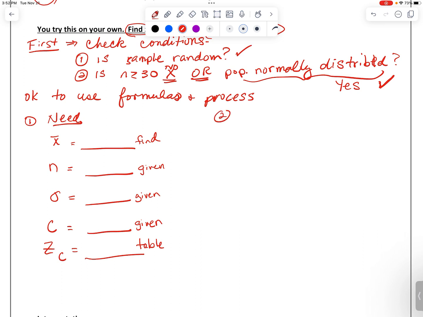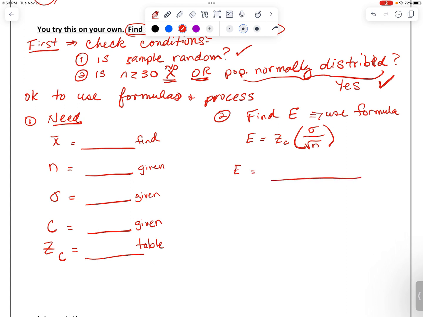Okay. Step two is going to be to find E. So the formula for finding E, just to recall, your formula to find your E value is going to be E equals my critical value multiplied by my standard deviation divided by the square root of n.